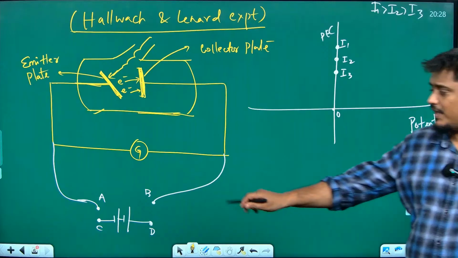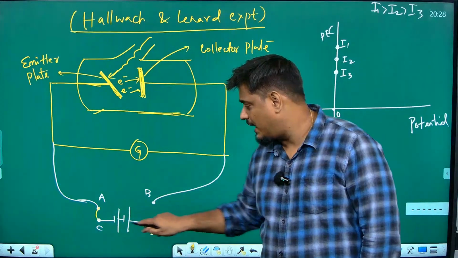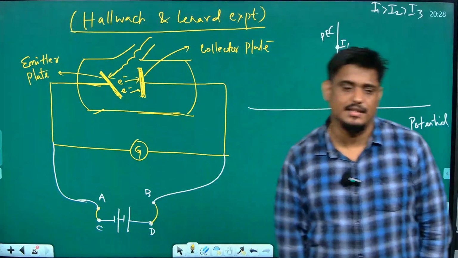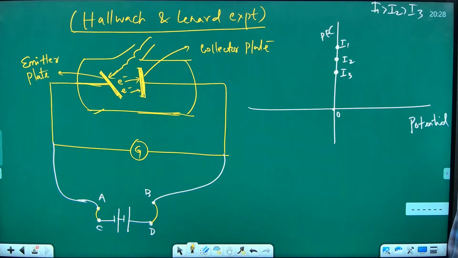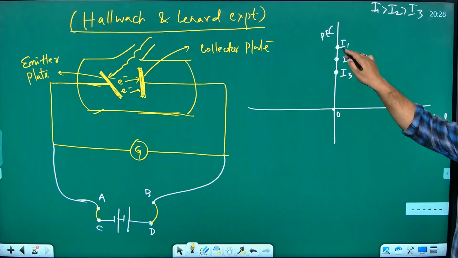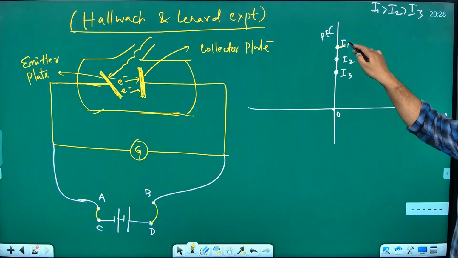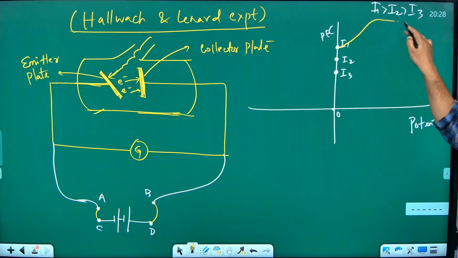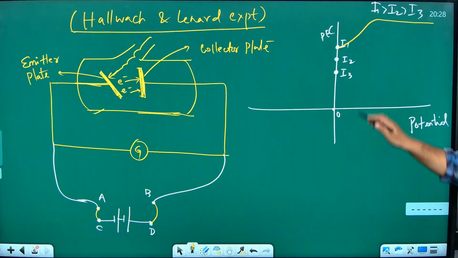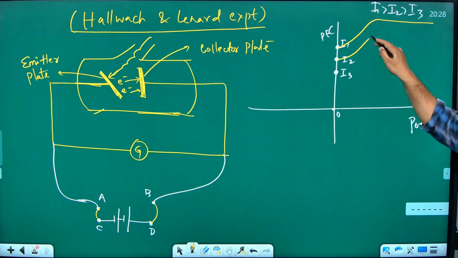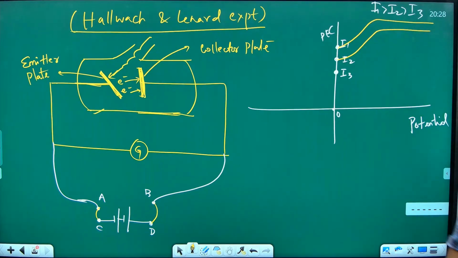So when we connect A with C and B with D, I am going to have positive potential supporting the photoelectric effect. So as the potential is increasing, we saw that the current also increases, then becomes saturated. Same way for the second intensity, it increases, becomes saturated.